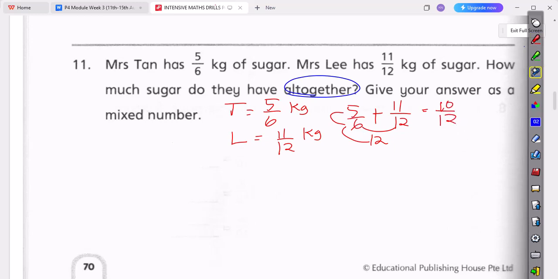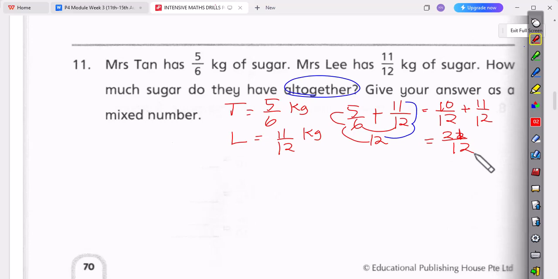And for this one, 12 divided by 12 is 1, 1 times 11, then we got 11 out of 12. When the denominators are already the same, we only need to add the numerators. Then we have 21 out of 12.